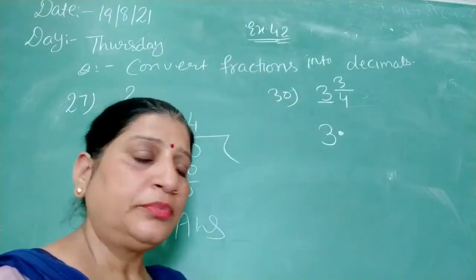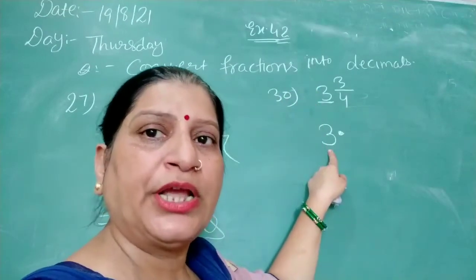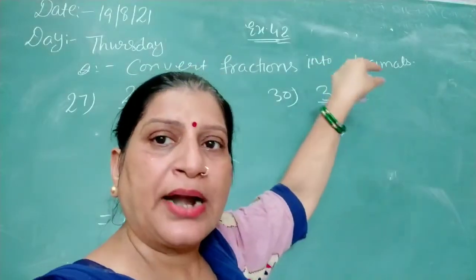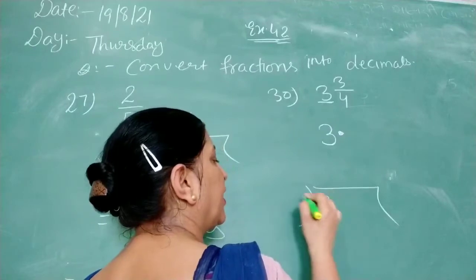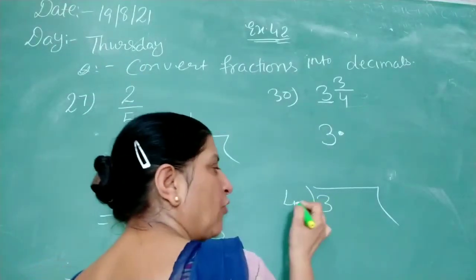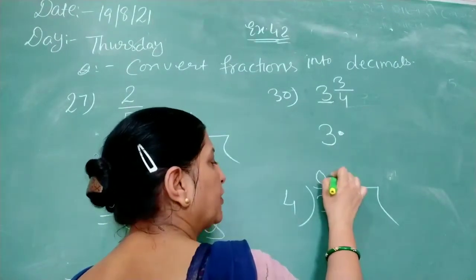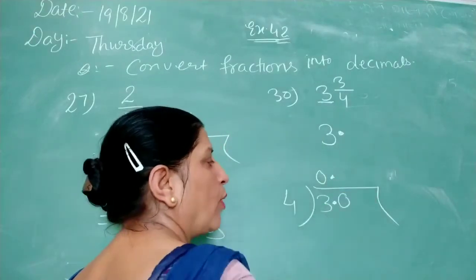Clear? जो आपका होल पार्ट है वो आपने एज इट इज यहाँ पर राइट डाउन कर दिया और जो आपका ये प्रॉपर फ्रैक्शन का पार्ट है उसे आप डिवाइड करेंगे. 3 को डिवाइड करेंगे किससे? 4 से. क्लियर? 3 आपका 4 से स्मॉलर है, सो वी राइट हियर 0 एंड पुट द डेसिमल. हियर ऑल्सो द डेसिमल एंड पुट हियर 1 0.